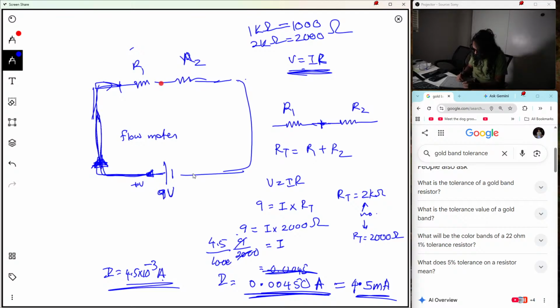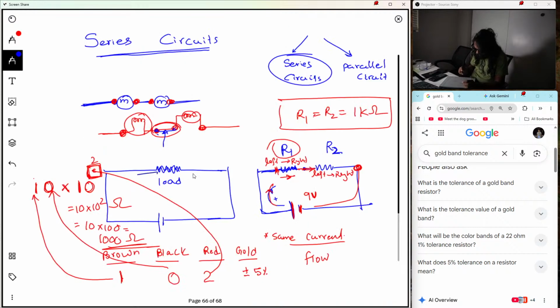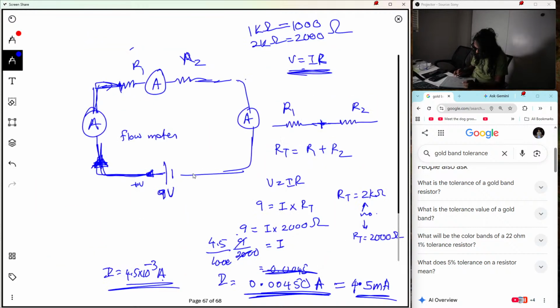So if we put the ammeter in between these two components like this, if we break open the circuit at any point and insert an ammeter here or here, it doesn't matter, right? It should show the same value. So even if you had an ammeter here, it's the same flow, right? It's the same flow that is going to be there throughout this whole circuit. It's like an entirely connected pipeline, right? So due to that, the current will be the same.